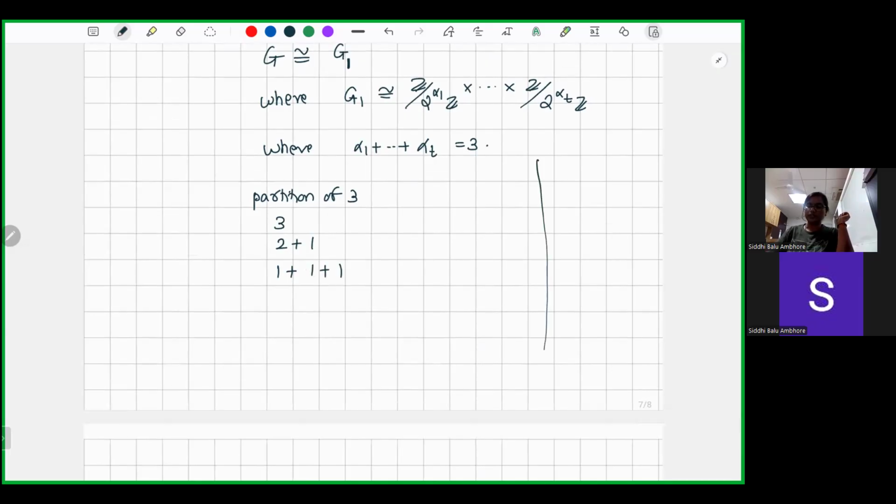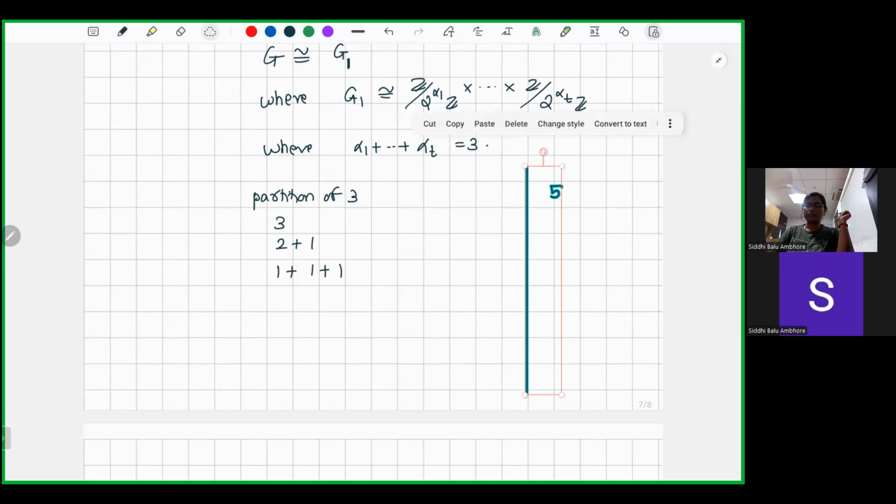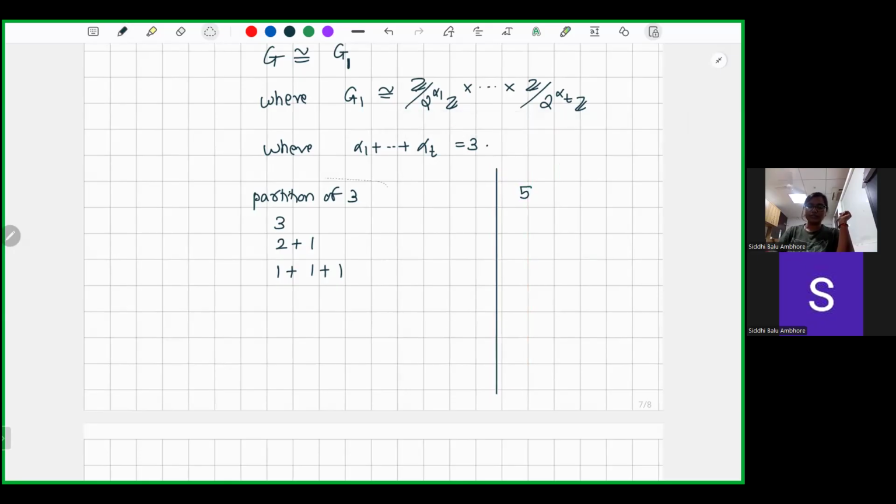In general, when you write partitions of any given number, start with that n, then n minus 1 plus 1. Let me write this for 5 so that you get the idea, and so that you don't skip any number in between. Otherwise it would be a huge mess if you miss any partition.